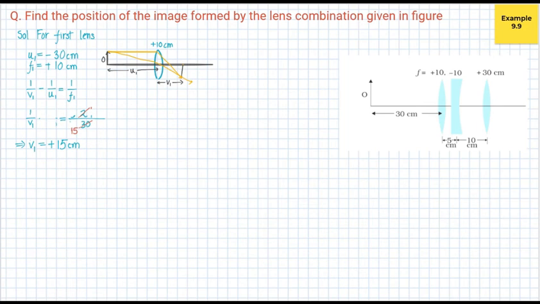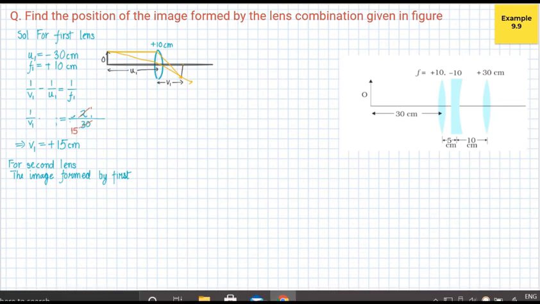The image formed by the first lens serves as the object for the second lens.